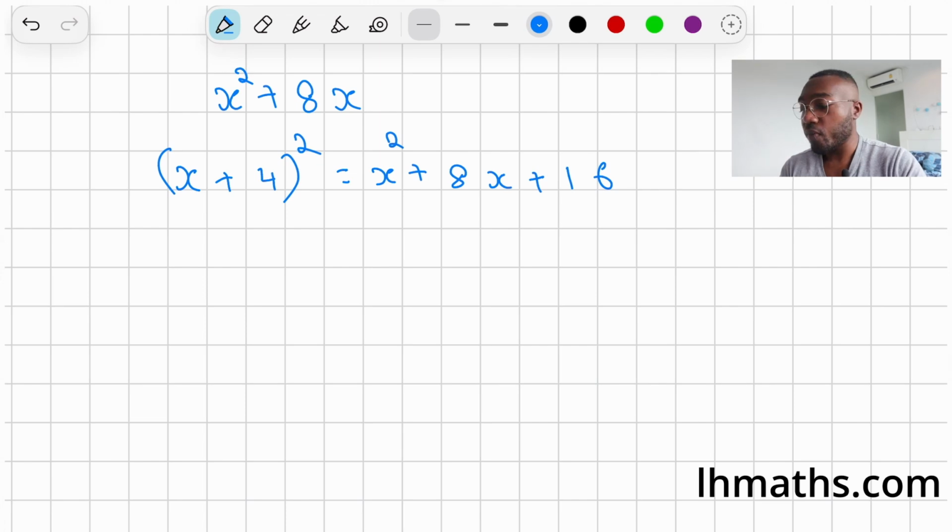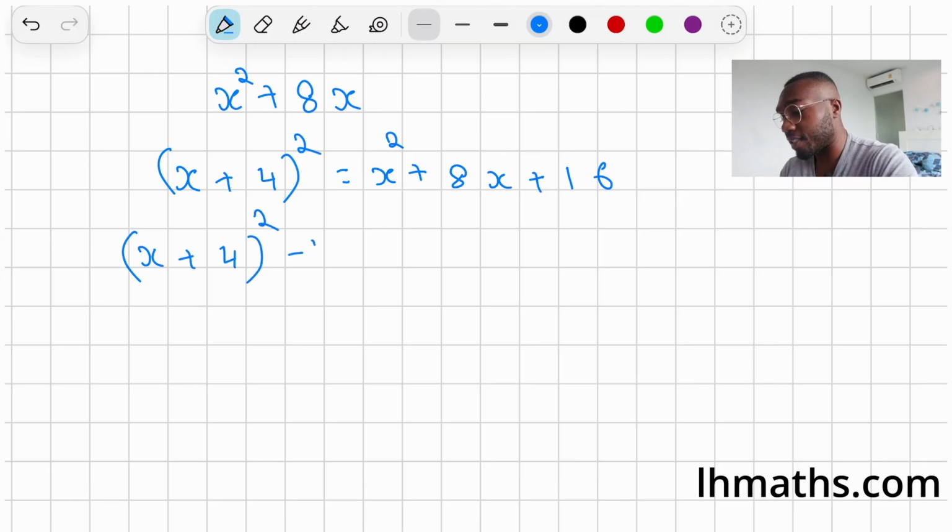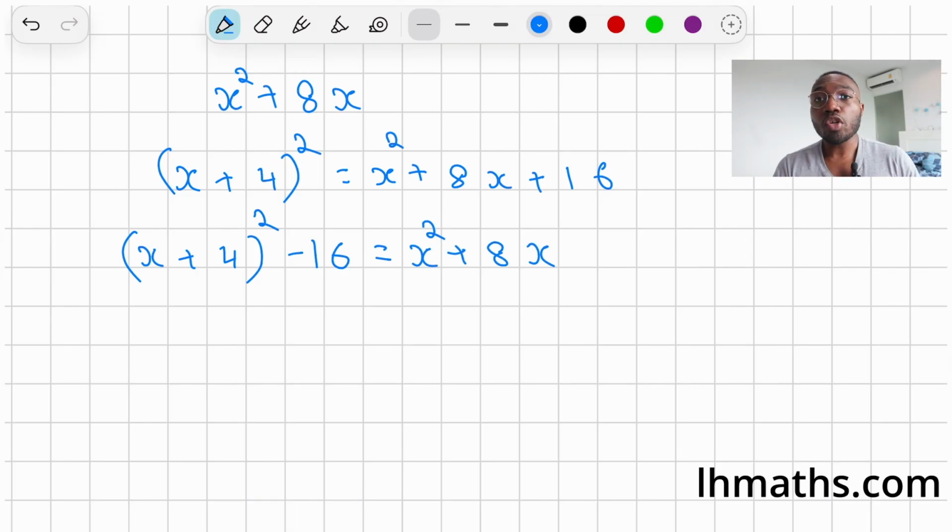So we can bring the 16 to the other side, getting rid of it by minusing 16 from both sides. If we do that, we get x plus 4 squared minus 16, and that is equal to x squared plus 8x. So that would be completing the square for this question. If we complete the square for x squared plus 8x, we get x plus 4 squared minus 16.